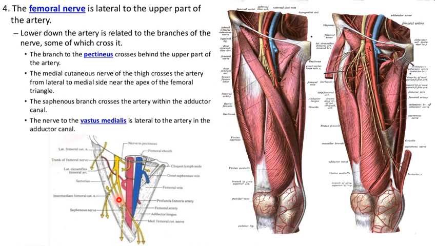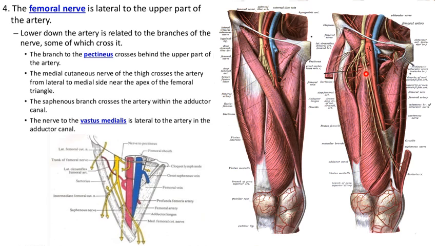And then the saphenous nerve. Saphenous means superficial. So the saphenous nerve crosses the femoral artery from lateral to medial in the adductor canal. Initially this saphenous nerve is lateral to the femoral artery, and in the adductor canal, it crosses the femoral artery from lateral to the medial side.